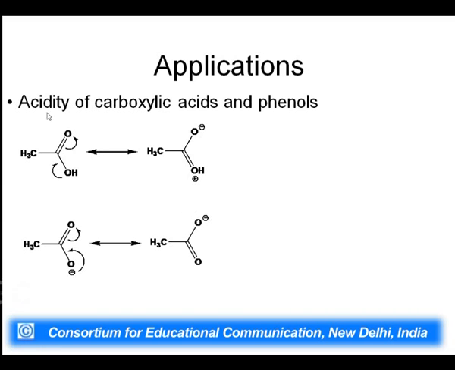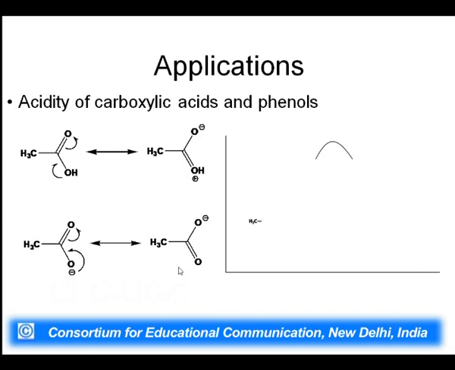Then when this carboxylic acid, or acetic acid, we are taking an example, gets converted by virtue of a loss of proton into carboxylate ion, this carboxylate ion is also resonance stabilized, like you can see in this structure. So carboxylic acid is stabilized and carboxylate ion is also stabilized.